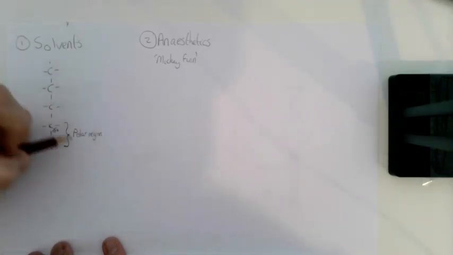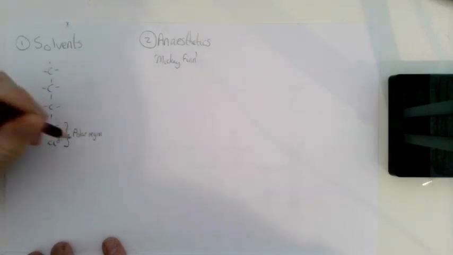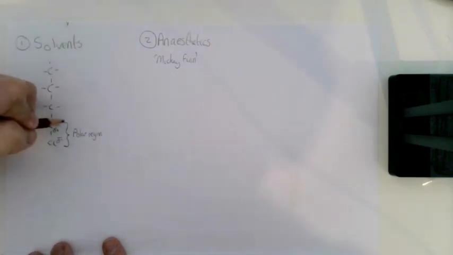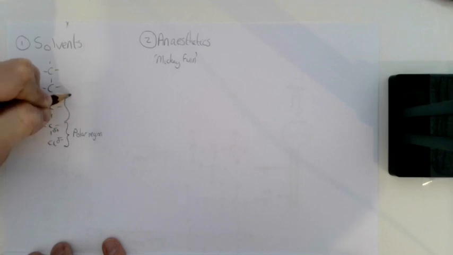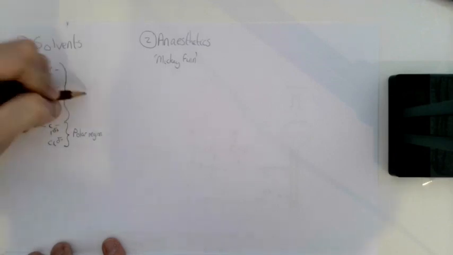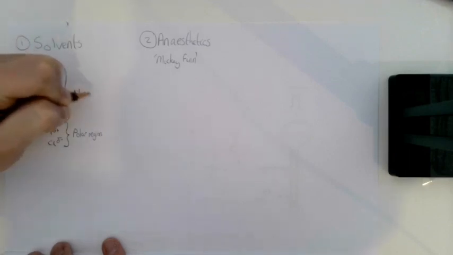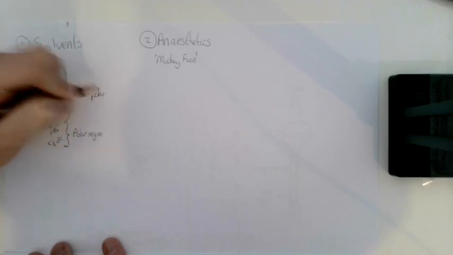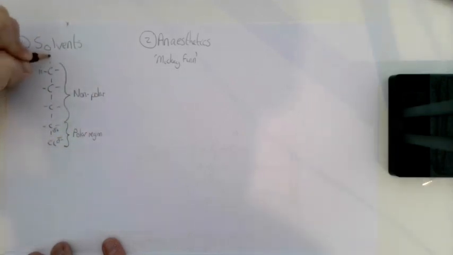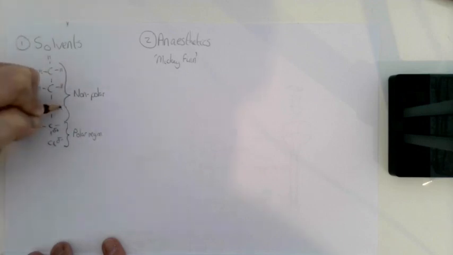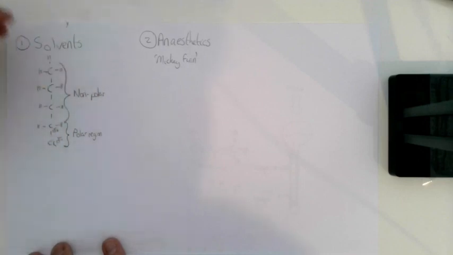So it will interact really well with polar solvents. And then this top region here is non-polar, so there's no significant dipoles. There's no significant differences in electronegativity between the carbons and the hydrogens. So you class it as non-polar, and that's very good at interacting with non-polar solvents.